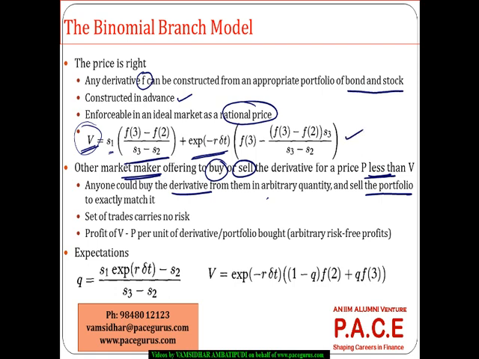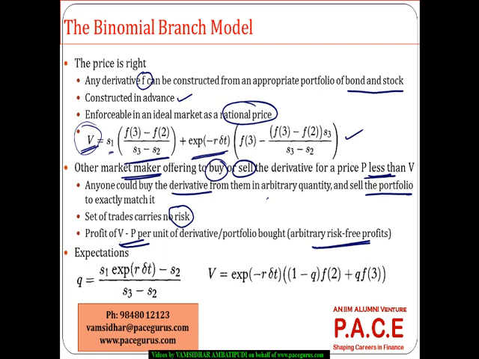If it is at a higher price, I'll sell the derivative and buy the portfolio matching with it. And this set of trades in the future, both of them are giving me the same payoff, which means they don't have any kind of risk, which means they should give me a risk-free rate of return. So the profit that I am making either by selling it higher or lower is a risk-free profit. That is what we are calling an arbitrage profit.